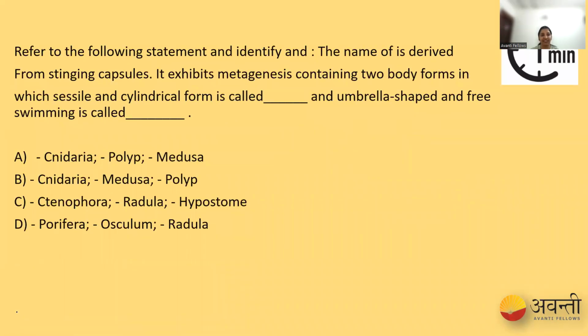Next question says, refer to the following statement and identify the name of the phylum derived from the stinging capsule. It exhibits metagenesis containing two body forms in which one is sessile and cylindrical form called dash. The other one is umbrella shaped and free living, called dash.